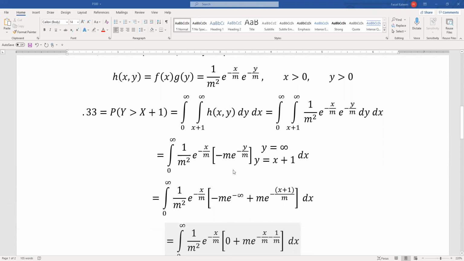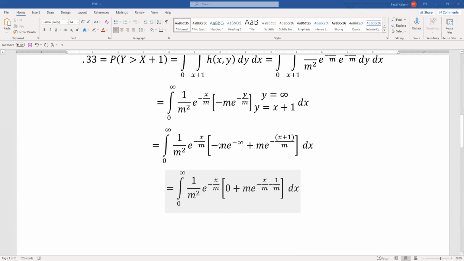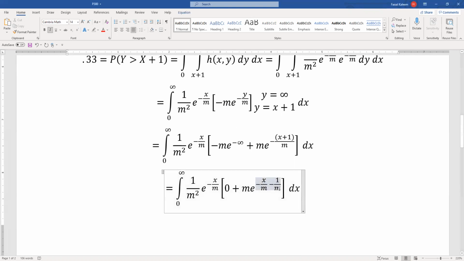Now when y is infinity, this becomes e to the negative infinity, and that would be 0. Then minus the lower limit, but it's already negative, so it'd be plus m e to the minus x plus 1 over m, where y is replaced with x plus 1. In the next step, I write e to the negative infinity as 0, and I break this up into negative x over m minus 1 over m because I'm going to combine it with the other e to the negative x over m.